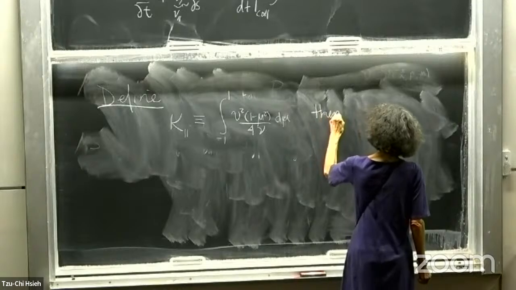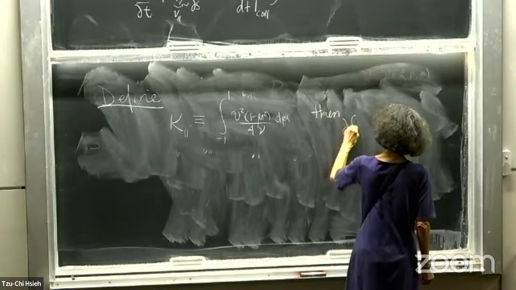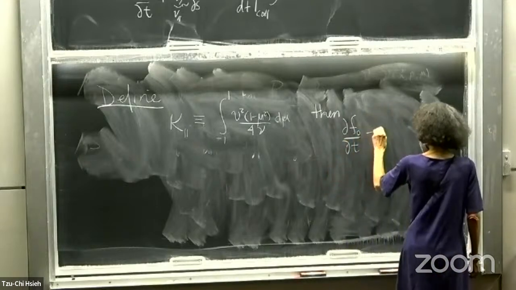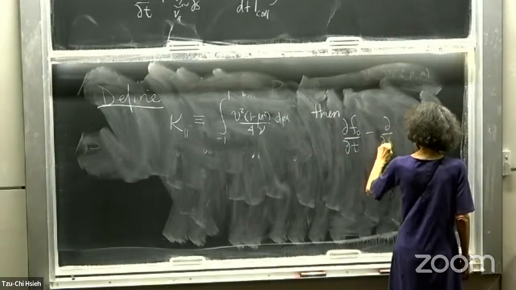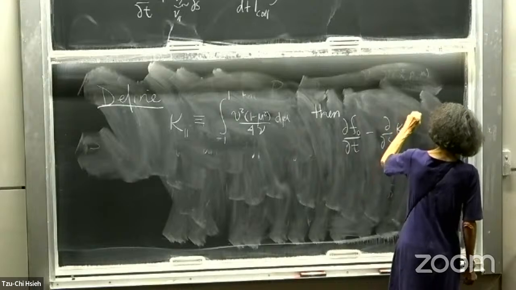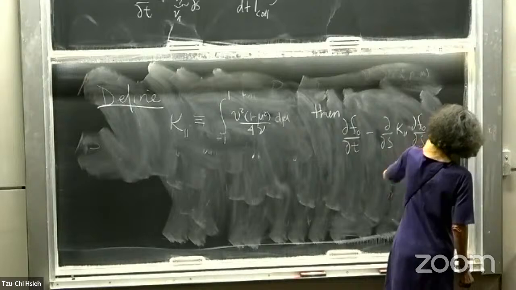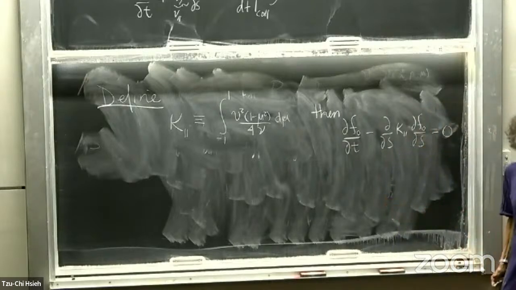And then we have partial F0 partial t minus d/ds kappa parallel dF0/ds is equal to 0.